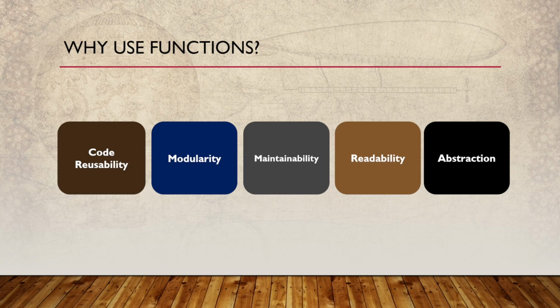And of course, we have abstraction, which hides the complexity of their internal logic. You don't need to know how a function works if the function is not written by you, but by somebody else, and you are only using it for your particular task. You only need to know what it does and what inputs it requires.